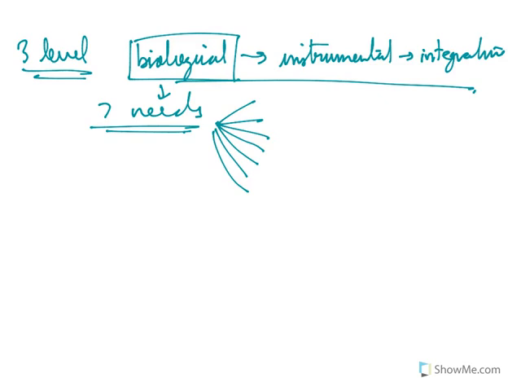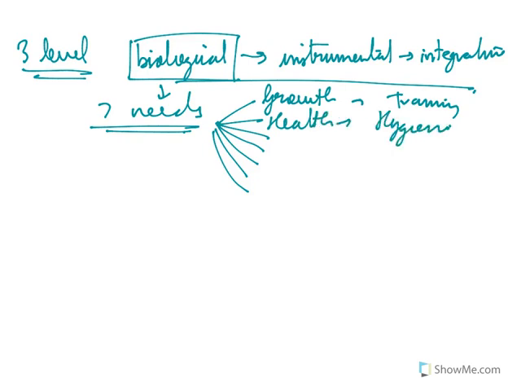For example, for growth, the cultural response was training. For health, the cultural response was hygiene. For metabolism, it was commissariat. For reproduction, kinship.